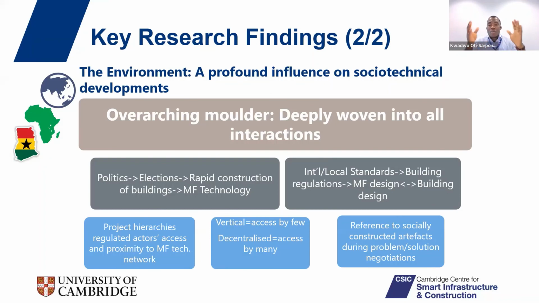A more vertical project hierarchy, which was adopted in the beginning, meant that only very few actors could influence the shaping of the monolithic form of technology and how it was going to be used. But after the foreign staff were replaced, they adopted a more decentralized approach to delivering the project, which meant that many people could then access and therefore contribute to the shaping of the process.